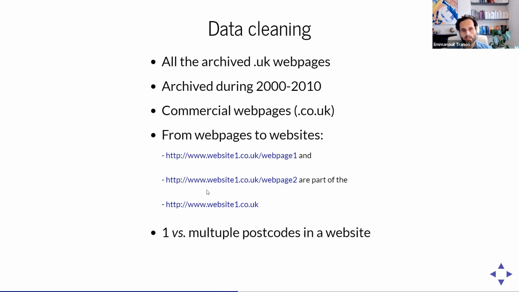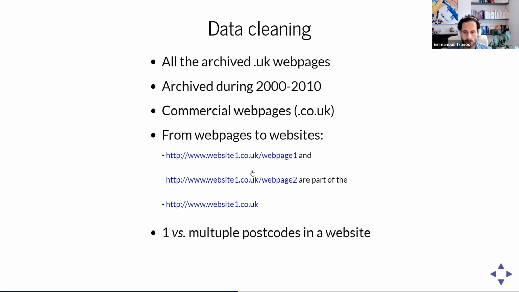There is a lot of data cleaning that went on under the hood. The only thing that I would like to mention here is that we start our analysis from archived web pages, but we aggregate these web pages to websites.